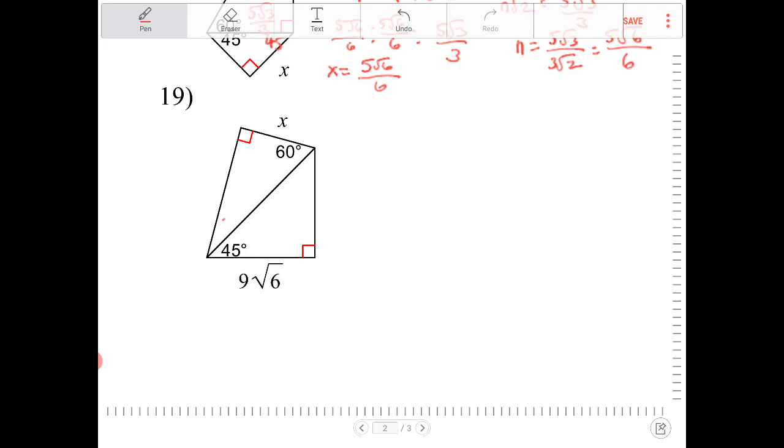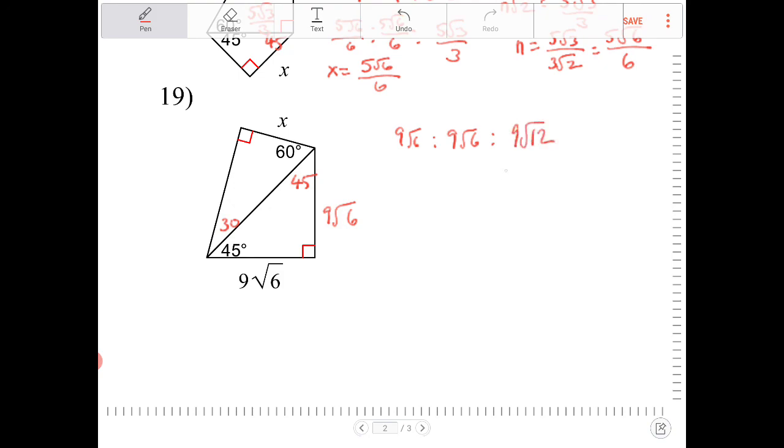Alright, this is 30, this is 45. So this is 9 radical 6, 9 radical 6. What am I going to multiply to get the hypotenuse? I'm going to multiply by radical 2. So it's going to be 9 radical 12.